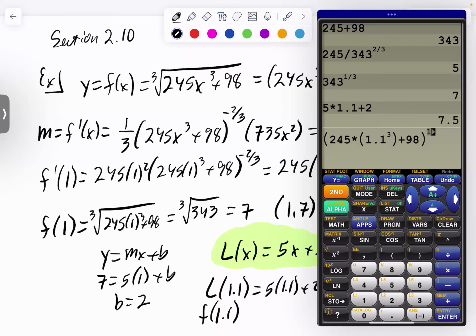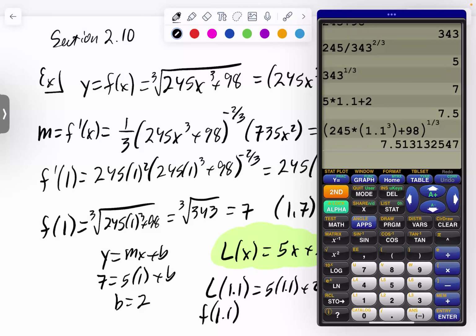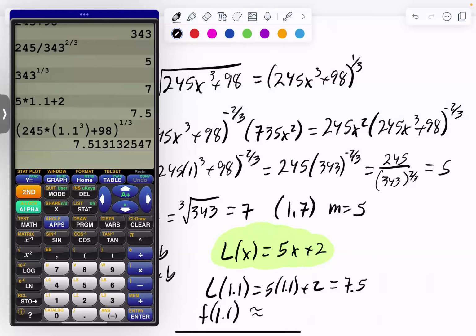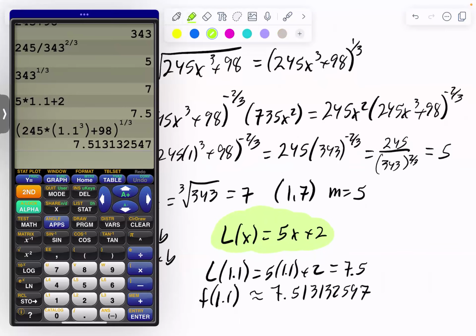And then that's going to be raised to the 1 divided by 3 power. Right, so we are getting, this is about 7.513132547. By the way, our second answer in the actual homework is that 7.5.